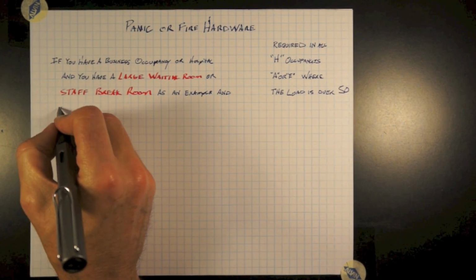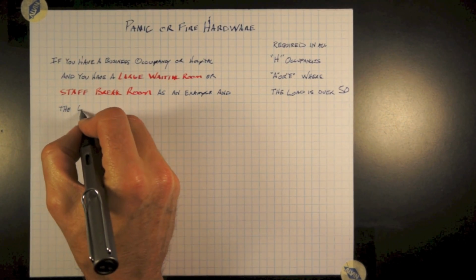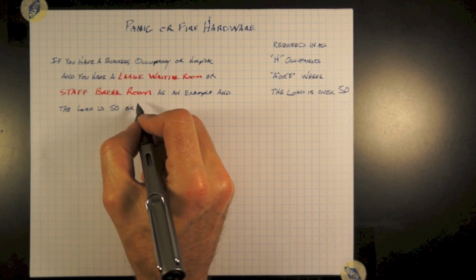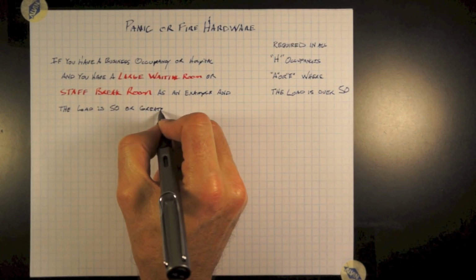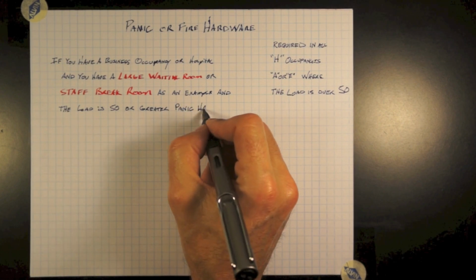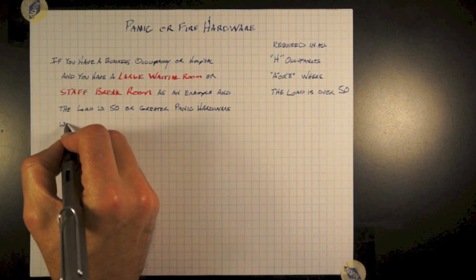So let me finish and restate this. Panic hardware is required in any and all buildings only if there is a room where the occupant load of that space is over 50 and it could be deemed an educational or assembly space.